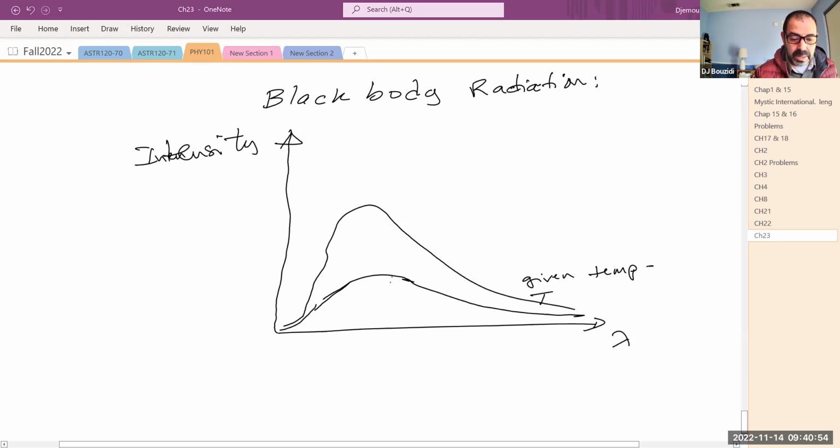First of all, it peaks around this value. For a higher temperature, it peaks toward shorter wavelengths. So this lambda max is different than this lambda max. This is where the radiation peaks for a higher temperature.